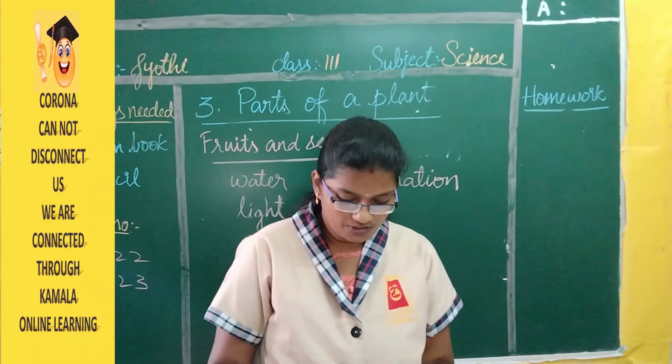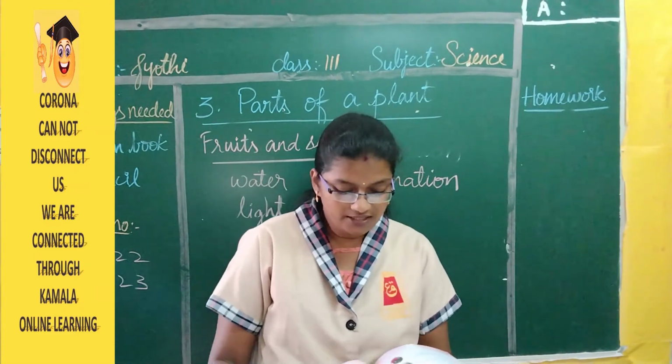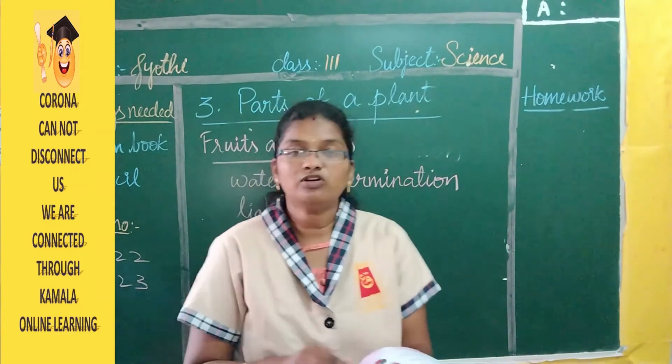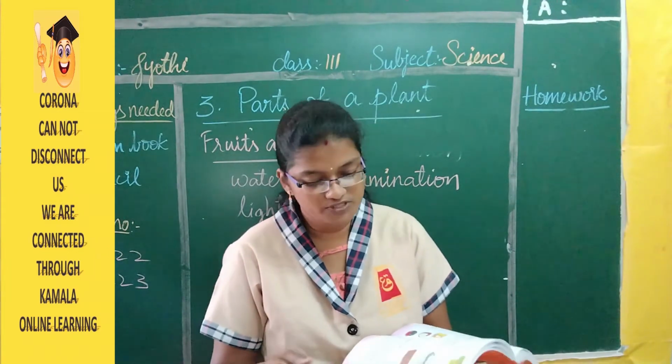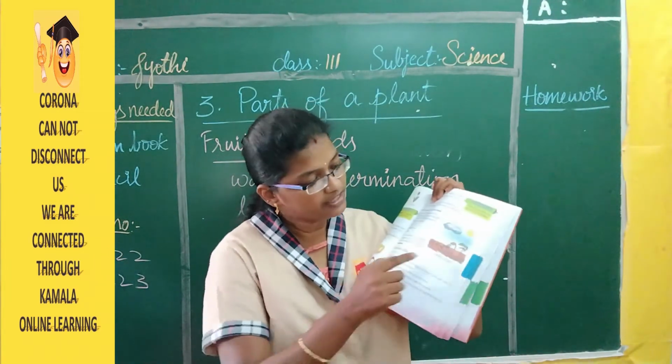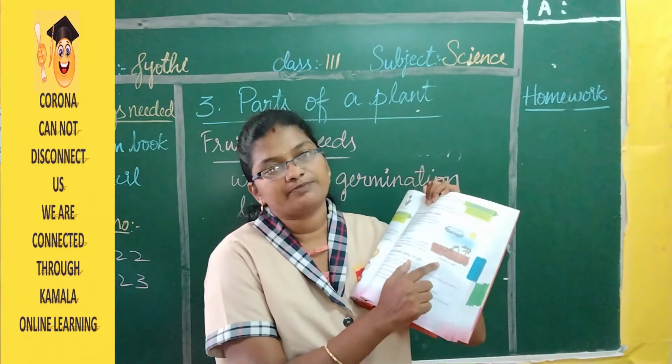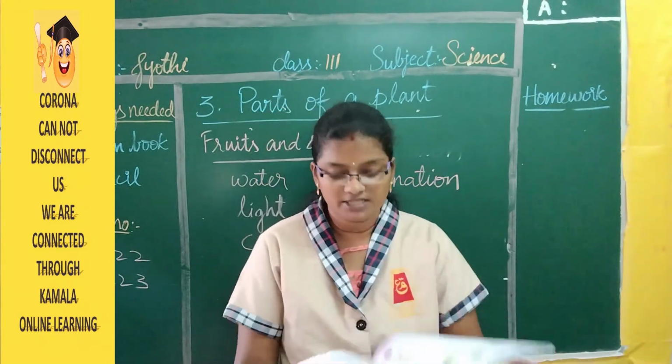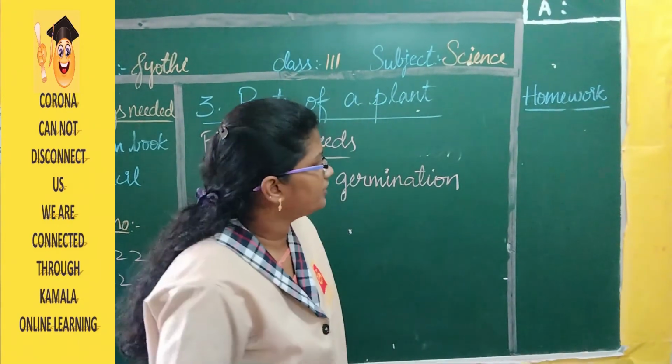Right? So in the next class we will learn how plants are useful to us, and we are going to do the objective also. And your homework is you have to do this diagram. Germination of a seed. Page number 223.